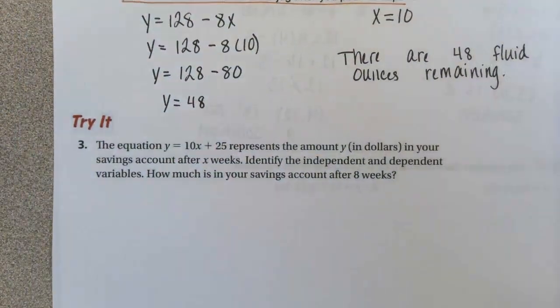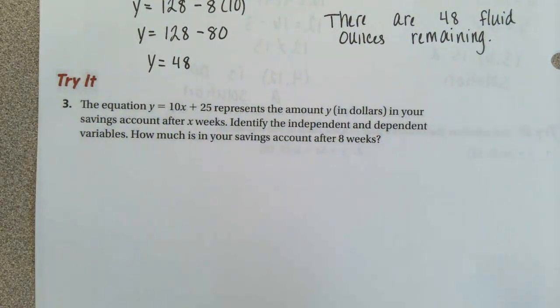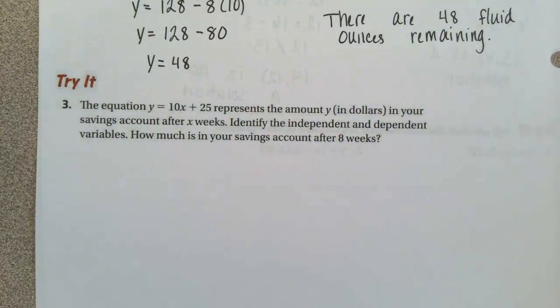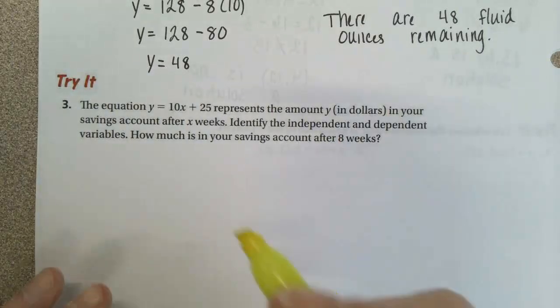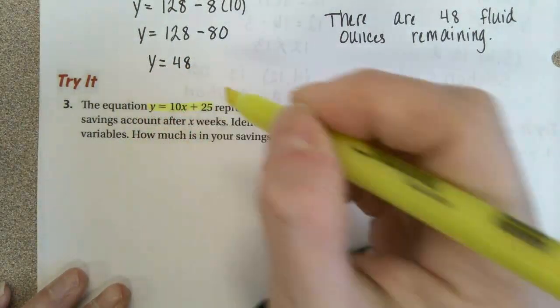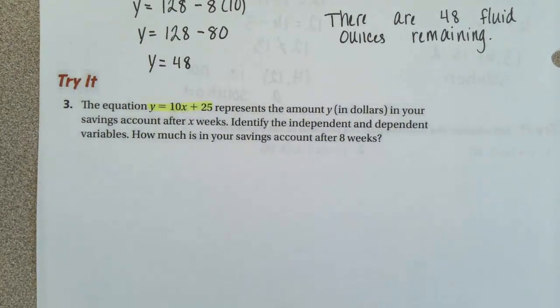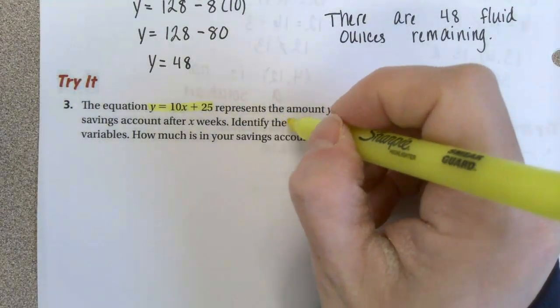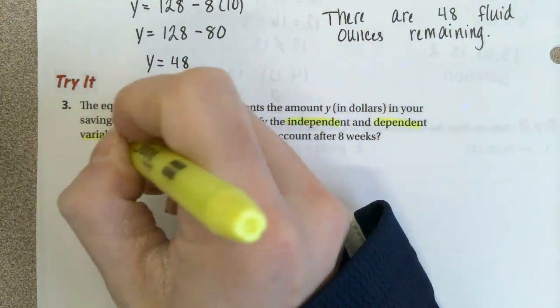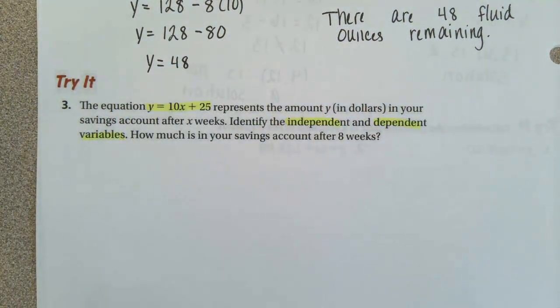All right, so down here, we have a similar setup. The equation is y equals 10x plus 25. It represents the amount y in dollars in your savings account after x weeks. So you need to identify the independent and dependent variables. That's your first step. So think about it. Does the amount of money in your savings account depend on how many weeks you save?